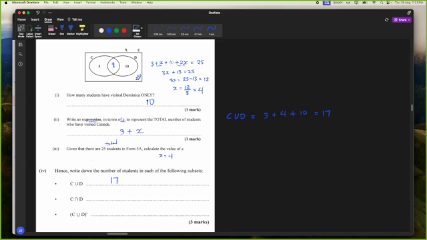C intersect D, which is this one here, we can see that is x, which is 4. Right? And then we have (C union D) all complement.